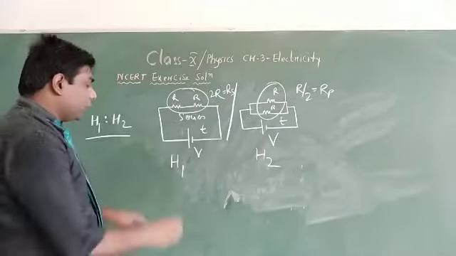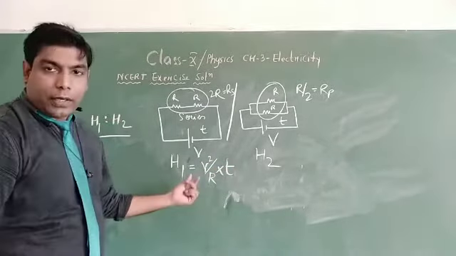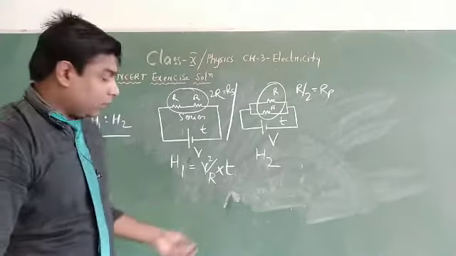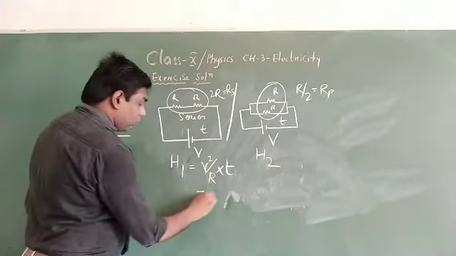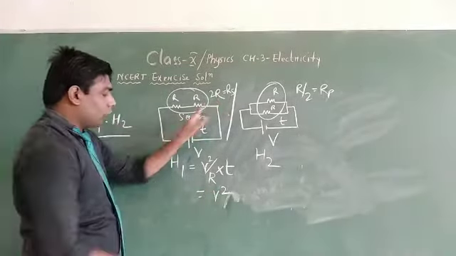Heat is equal to V square by R into T. Either you write I square R T or V square by R into T. So H1 equals V square T by 2R.